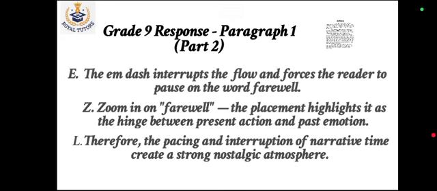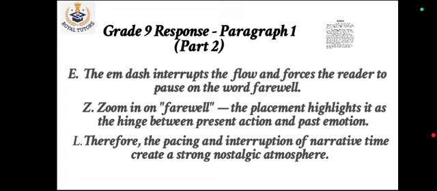Now for the explanation of the reference: the dash interrupts the flow and forces the reader to pause on the word farewell. As we zoom in on farewell, the placement highlights it as the hinge between present action and past emotion. Now, for the link, we're linking back to the point.